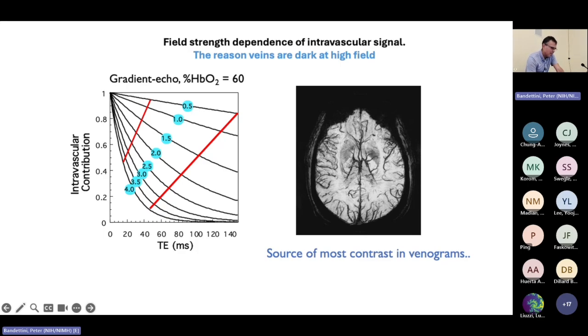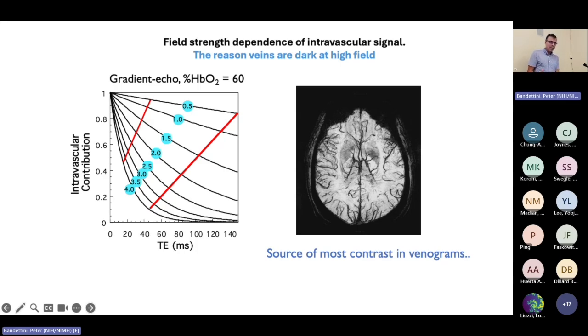This is at 0.5 Tesla up to 4 Tesla. And the intravascular contribution, which is a good thing, at 4 Tesla is about 0.2. It's still high enough to contribute some signal. At 7 Tesla, if you project down, it's going to be about 0.1, or 10% of the signal is intravascular. But that's a good thing for BOLD because there's less intravascular signal.